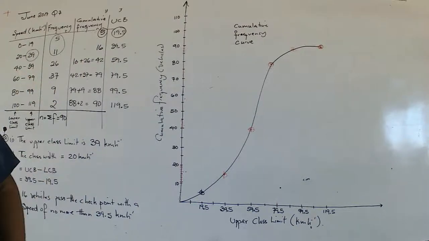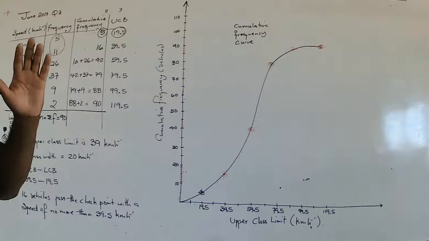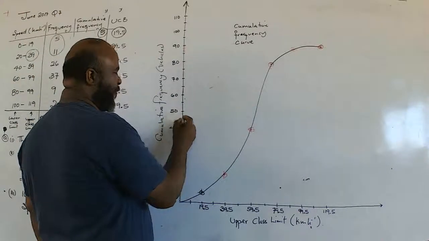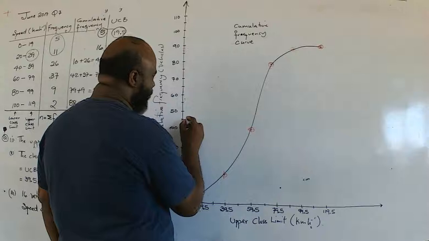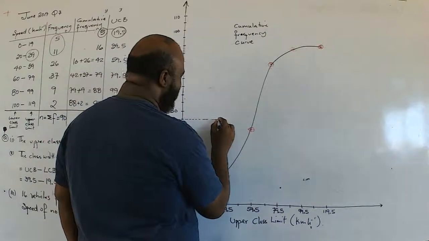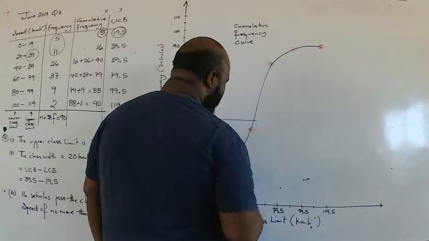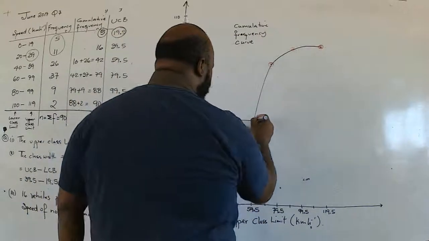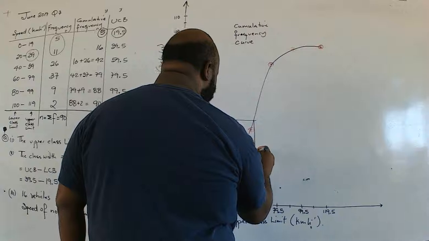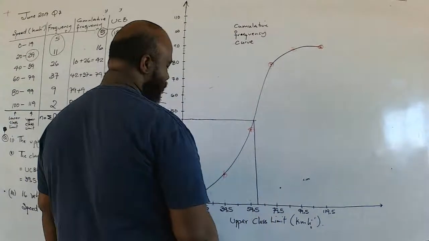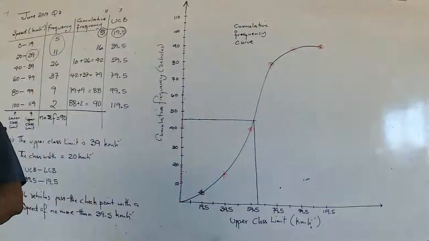Because 45 would be 50%. So let's find 45. This is 40, this is 50. Between them is 45. This line you must draw. Anywhere you touch the graph, you don't draw the line down. And then you need to read that point.